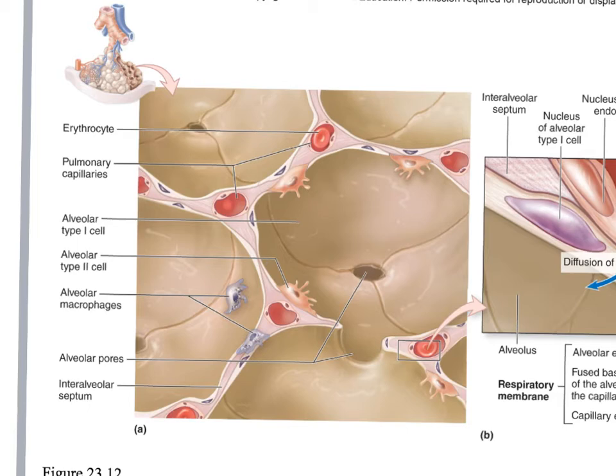Here, this is a type 2 cell, an alveolar type 2 cell or type 2 pneumocyte. The alveolar type 2 cells produce what we call surfactant. We'll go over what surfactant is and does in a few minutes.